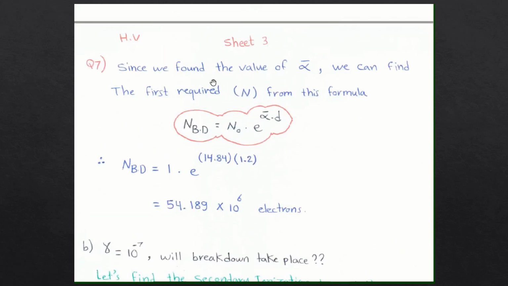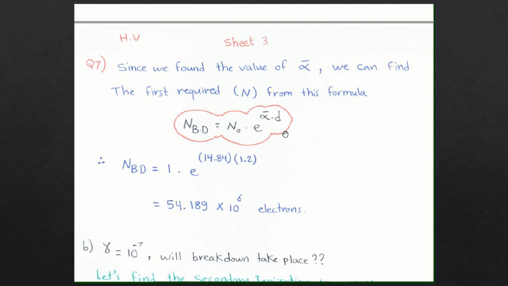So now let's move on to the first required. Since we found the value of the net ionization, we can find the first required n using this formula. N breakdown is equal to the number of electrons times e to the power net ionization times distance. The number of electrons is already given in the question as 1, the net ionization we just calculated as 14.84, and the distance is given in the question as 1.2.